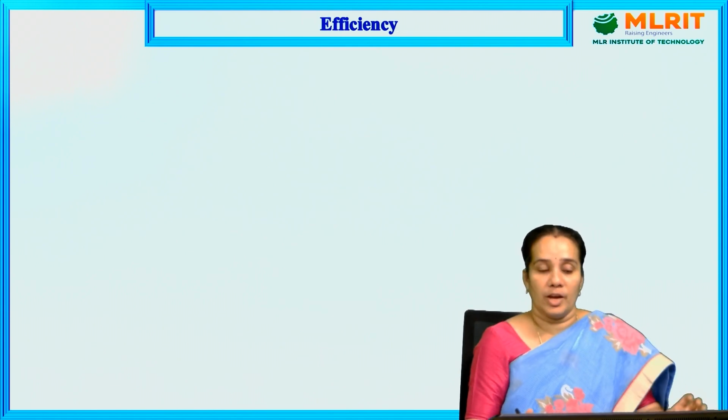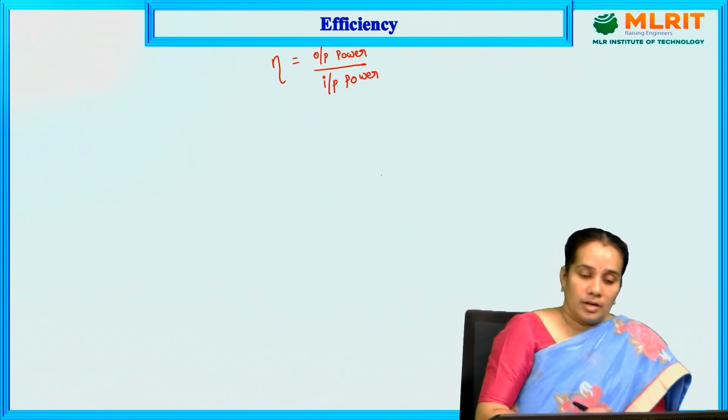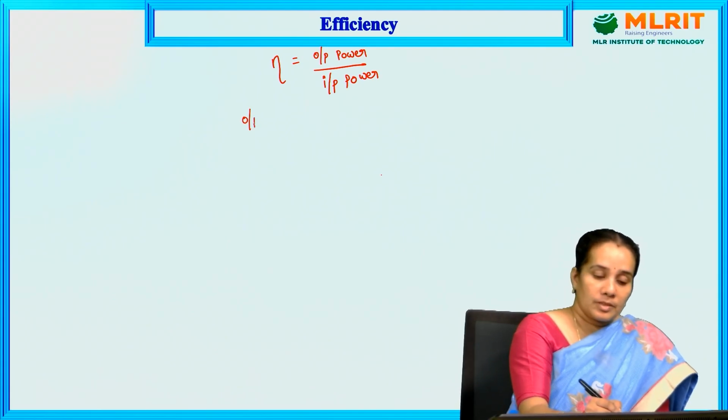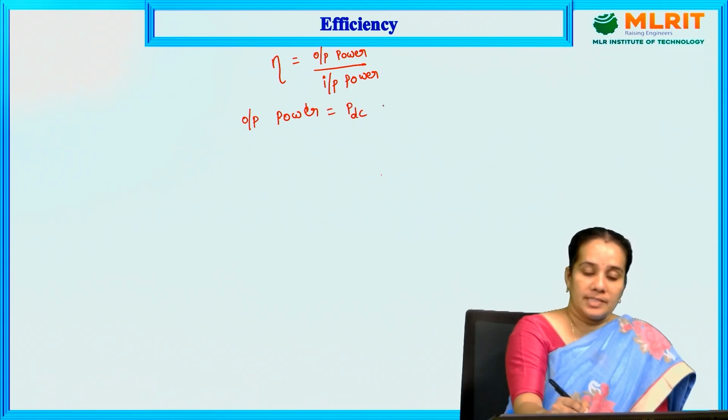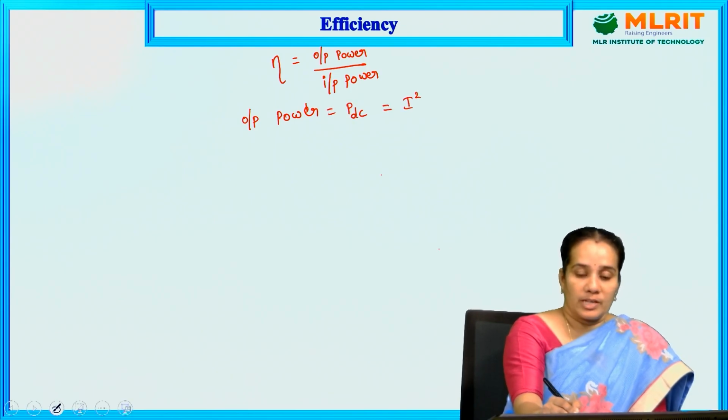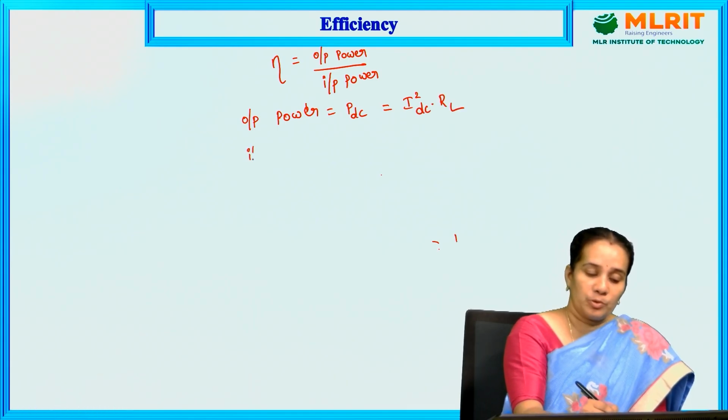The next, efficiency. Now, what is the output power? The output power is PDC. PDC is equal to I square DC into RL. And what is the input power?